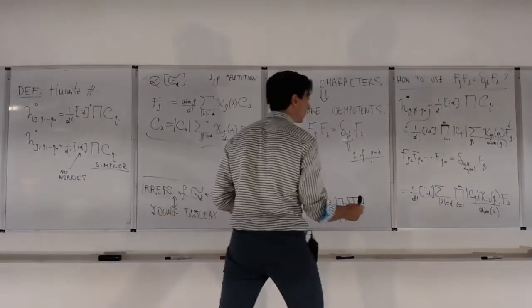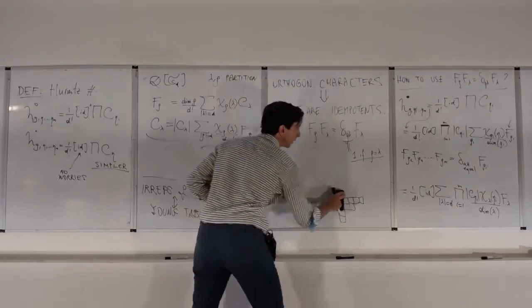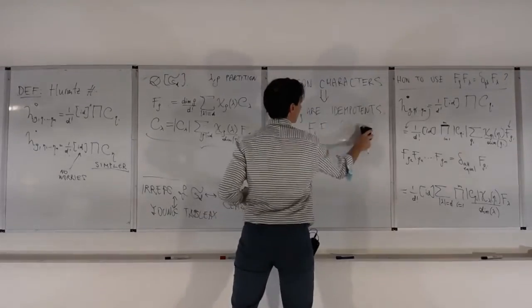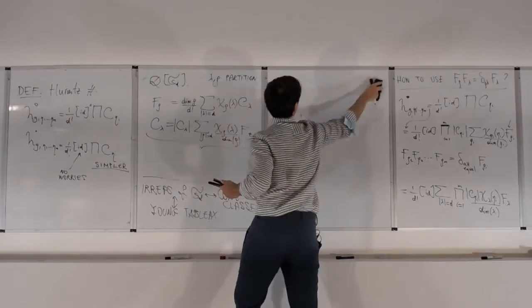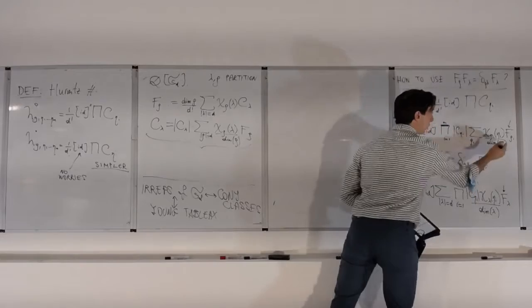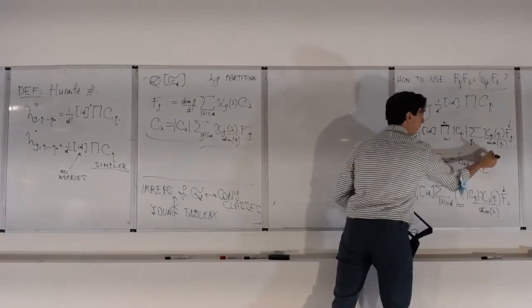Okay, and so eventually, if you finish this computation, what you get is that now you're stuck with one F. Before you had a lot of them. Out of many of them, you just got one because of idempotency.